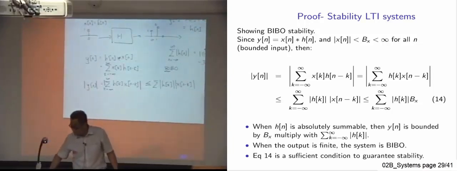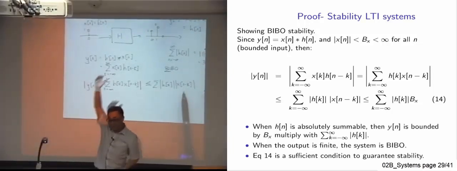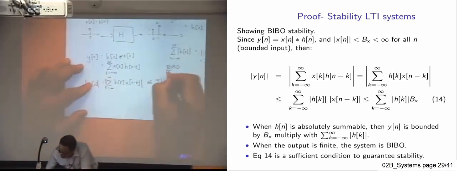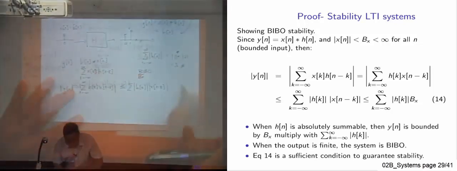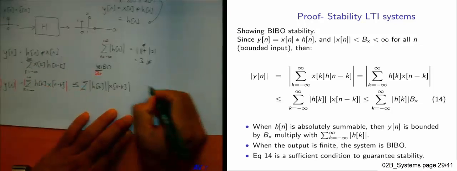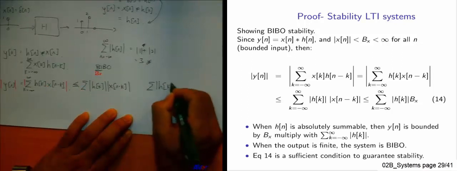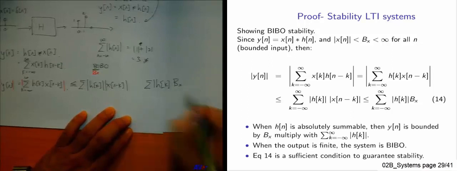Who's the input? x. So I now set my largest x value, my height, to Bx. Now, summation of h of k times Bx.